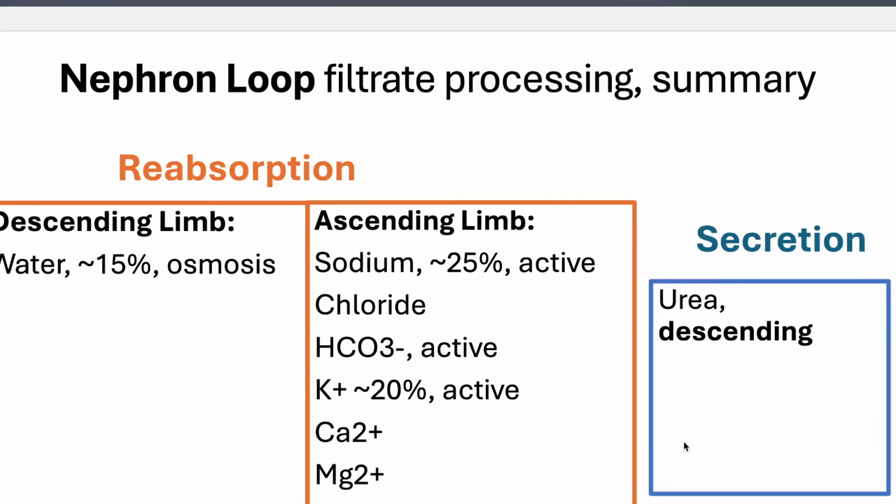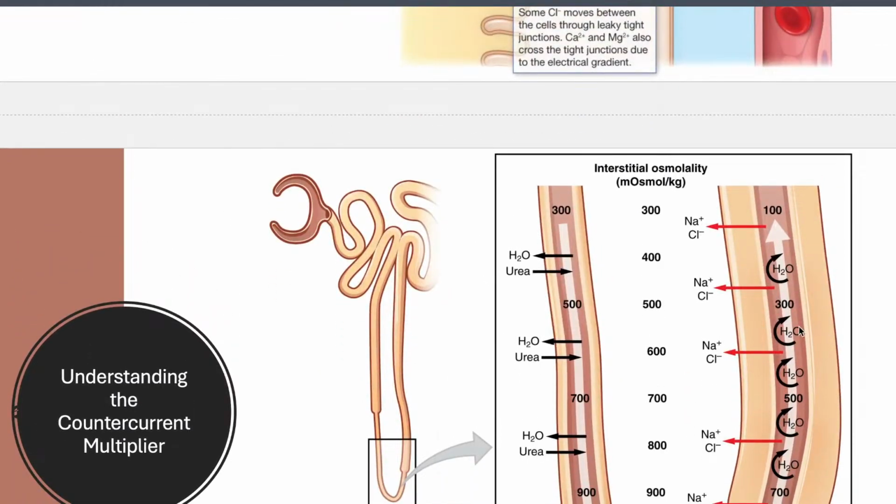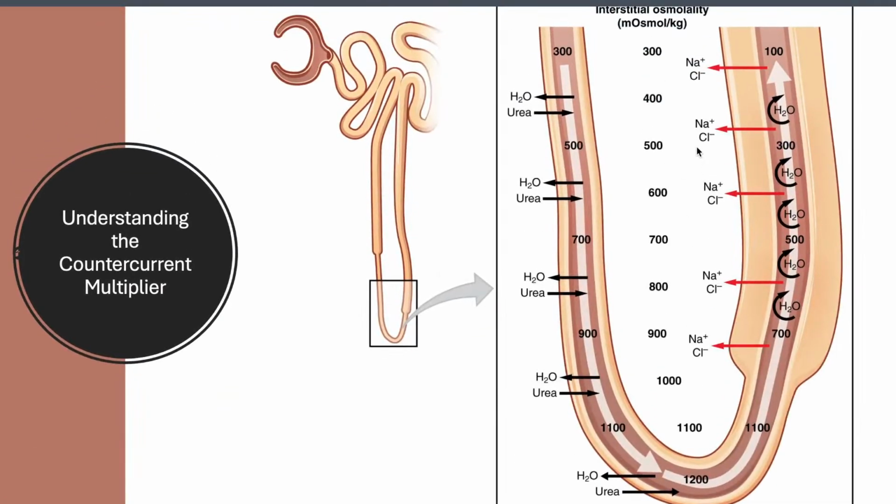And secretion is only going to be in the descending, and it's going to be urea. Which makes sense because in this diagram we don't see an arrow for urea, only on the descending.